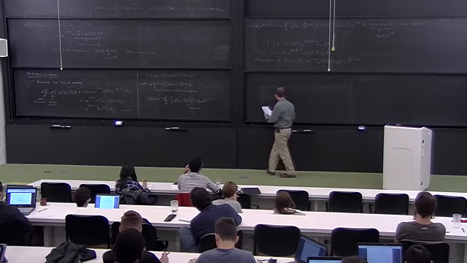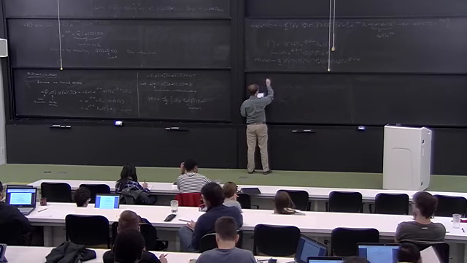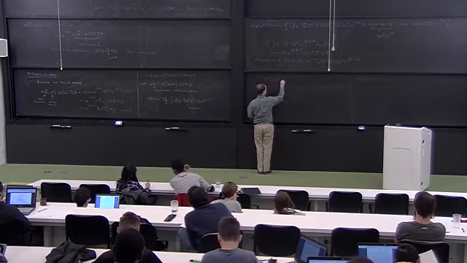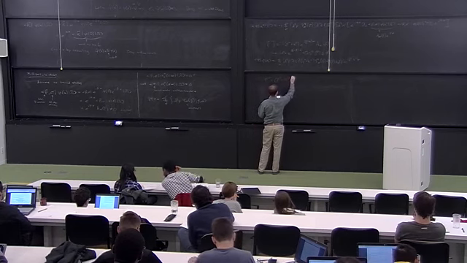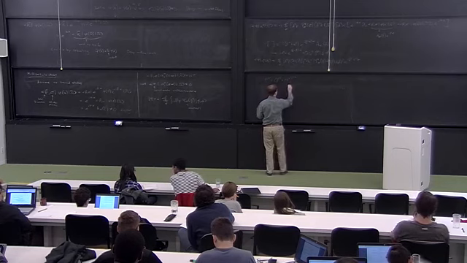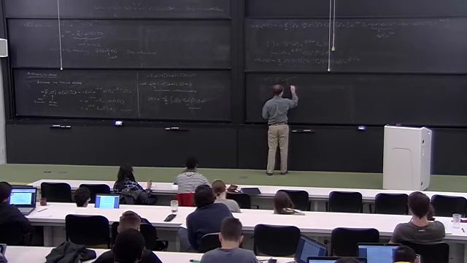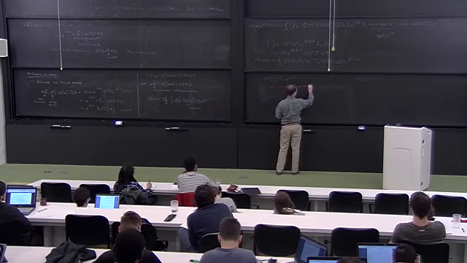We have that P naught is p squared plus m squared, to the 1/2, where m is the invariant mass of the n-particle state, of the multi-particle state.